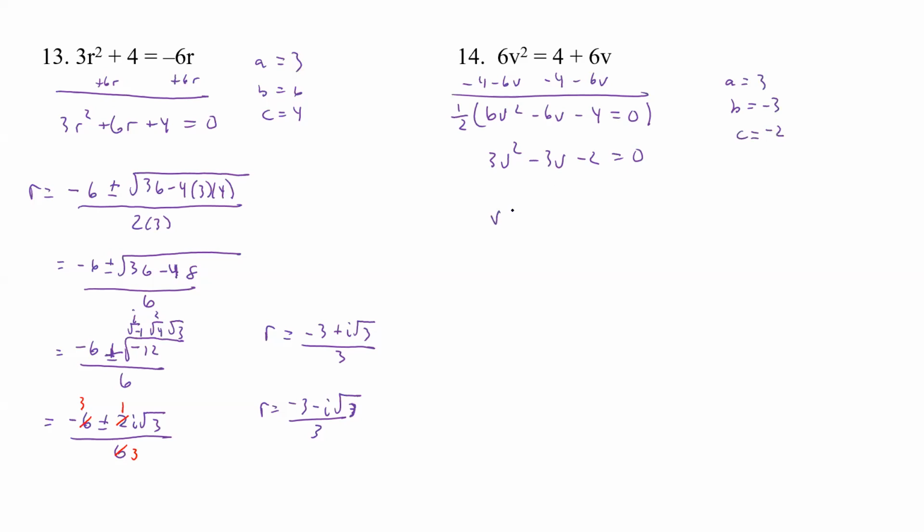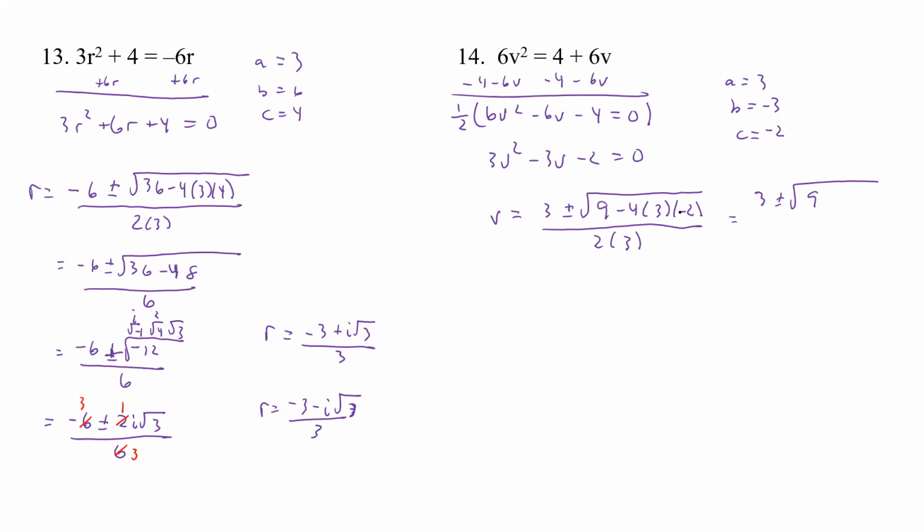So now v equals, and I have a negative and -3, so it's going to be +3 plus or minus the square root of -3 squared is 9, minus 4 times a times c, all over 2 times a. And so it's going to be 3 plus or minus the square root of 9.